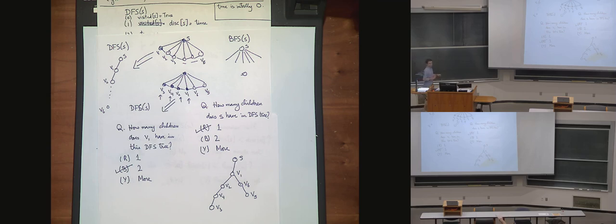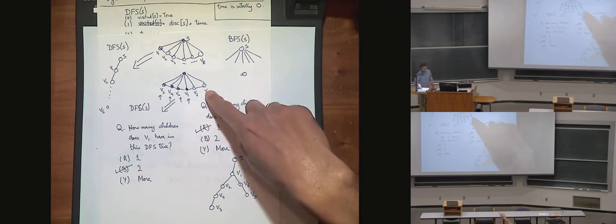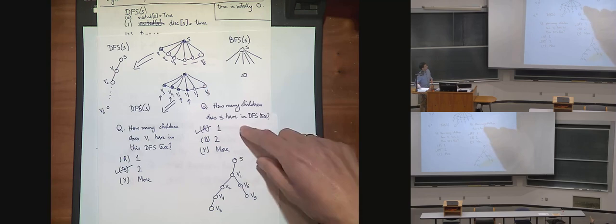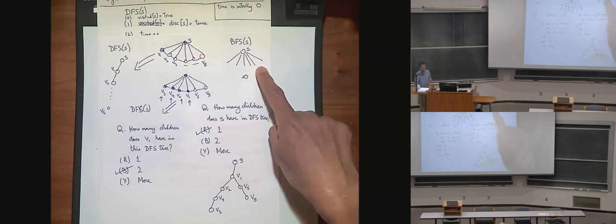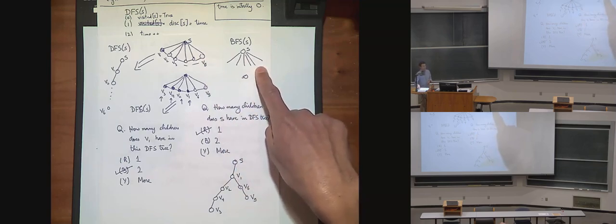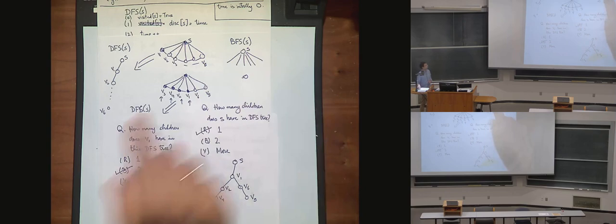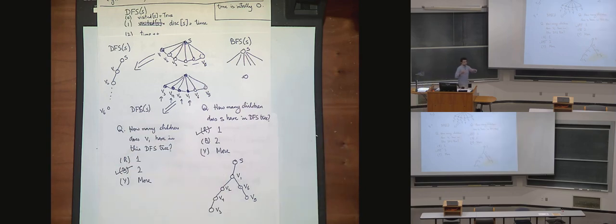How would that look for BFS, if we ran BFS on that graph? In both graphs, the BFS is going to look exactly like that. Why? Because essentially it goes through all of its neighbors and pushes them into the queue. It doesn't make a recursive call. So everyone is just going to end up being a child, even though the ordering might be different, because it's a shortest path tree, and that's the only shortest path tree. Good. Okay.